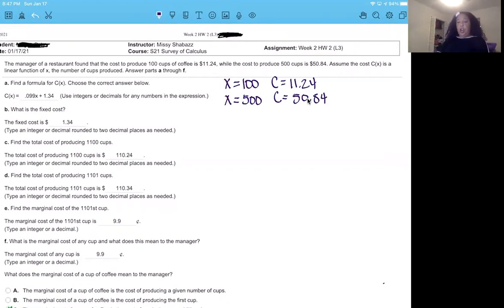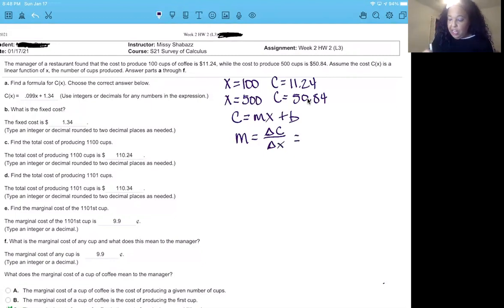And we want to come up with the linear equation. It should look like C equals mx plus b, where my slope, m, is going to be the change in cost over the change in units.